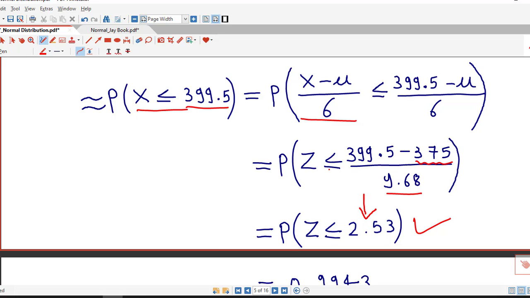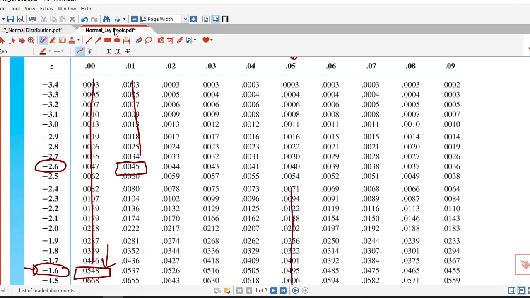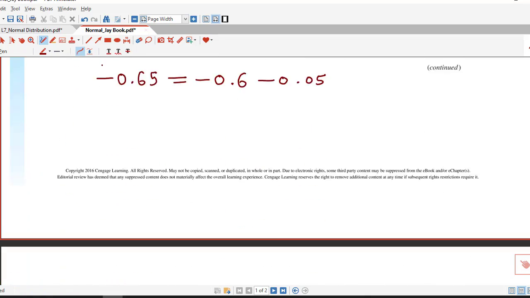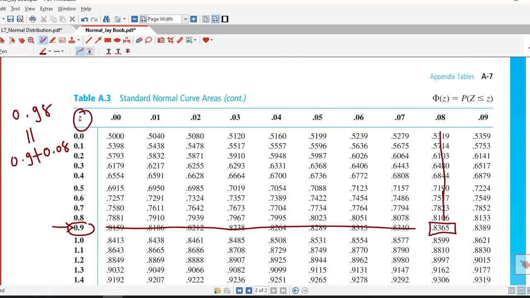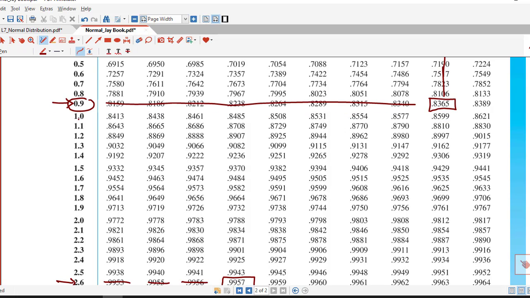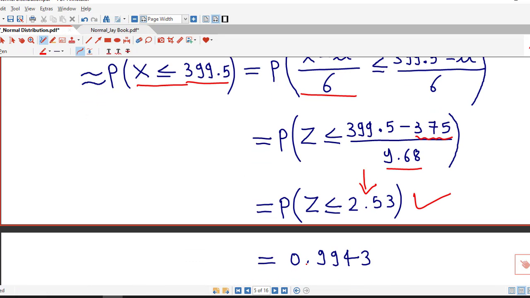So we search in the table for 2.53. So we have to go for 2.5 and we have to go up to 3. So this is for 0, this is for 1, 2 and 3. So the required probability is 0.9943. So we substitute that here.